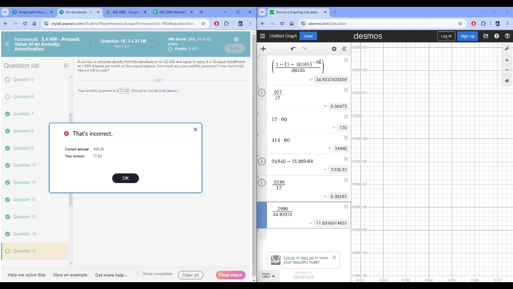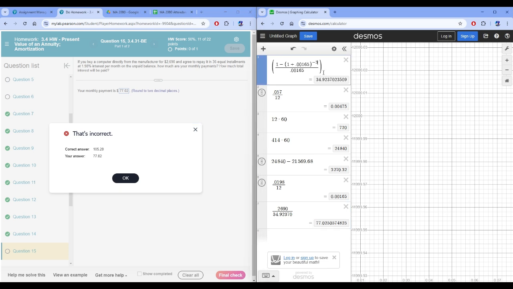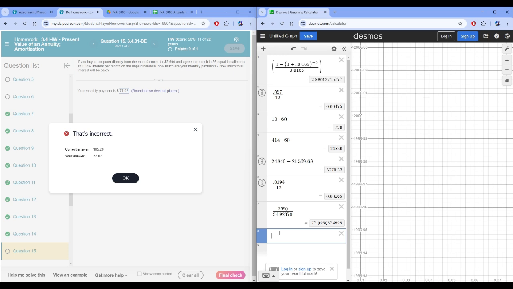36 equal payments. 1.98% divided per month gives me that. This should have been 3, because it's 3 years. Right?